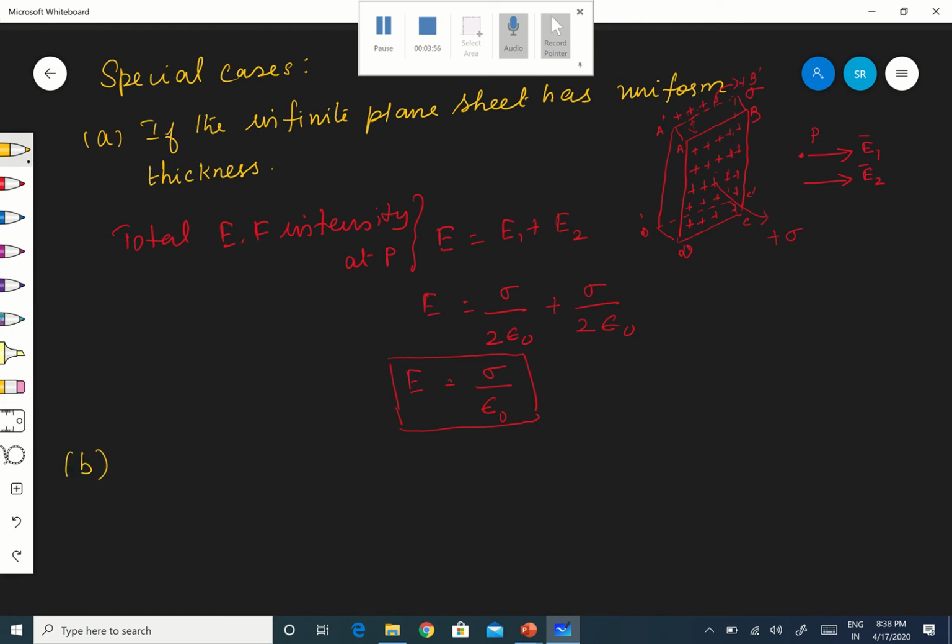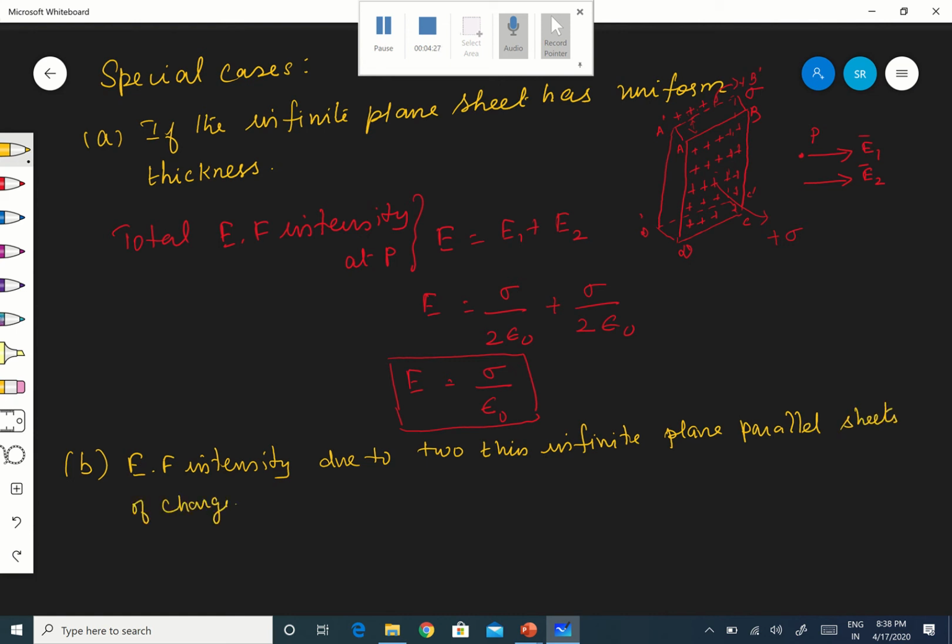I have the electric field intensity due to two thin, infinite, parallel plane sheets of charge. It's very, very interesting. Okay, how?